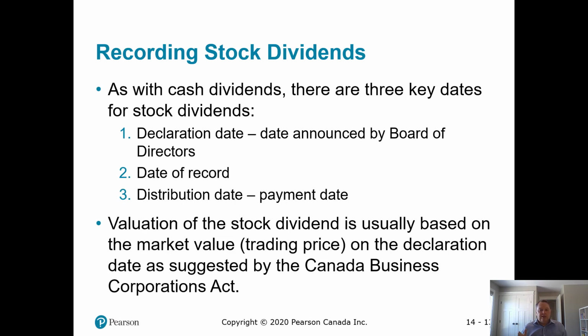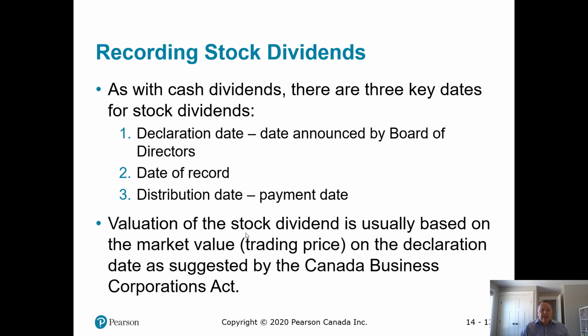Now, just with cash dividends, there are 3 key dates for stock dividends. Declaration date, the date that the board announces the stock dividend. The date of record, in other words, the date that we figure out who owns what shares in the company. And then the distribution date, the actual date that we pay or distribute the stock to the shareholders.